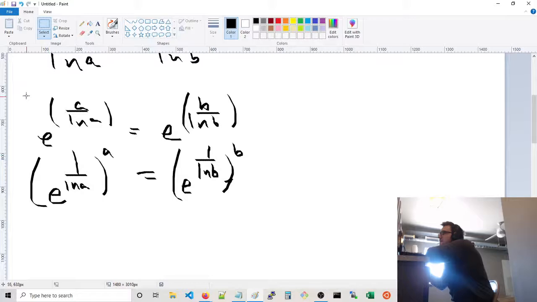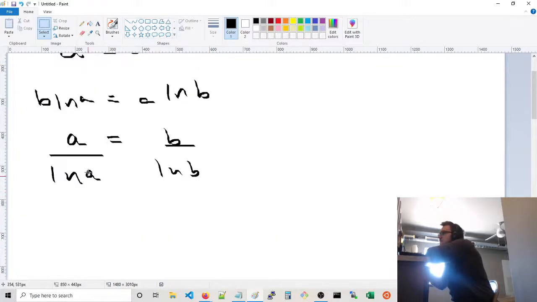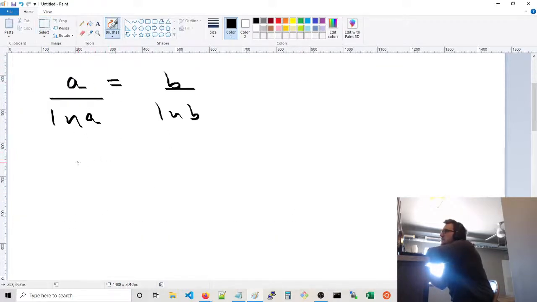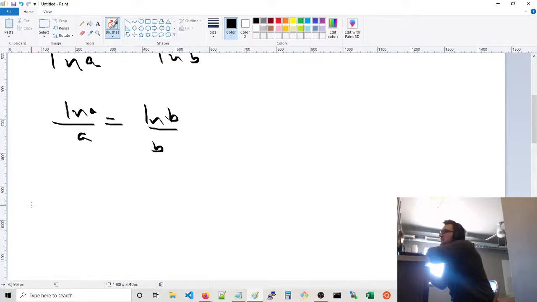What you can do, however, is go the other way around. You could say natural log of A over A equals natural log of B over B. And then you get e raised to these things. So A raised to 1 over A equals B raised to 1 over B. You can go there because you can do e raised to these two things, and then that's e raised to the natural log of A times the whole thing raised to 1 over A. Right?